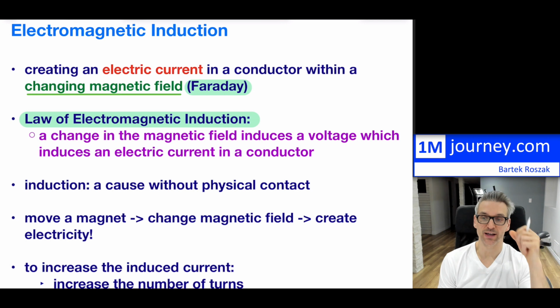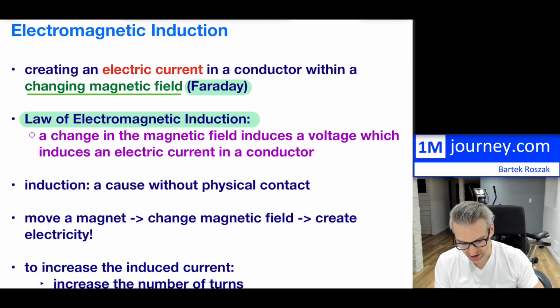That's what the law of electromagnetic induction states. This is very qualitative, so we're not interested here in the quantitative item. You will learn that a little bit later on. I just want you to understand that if you have a magnetic field and it is changing, you're going to produce an electric current through it.